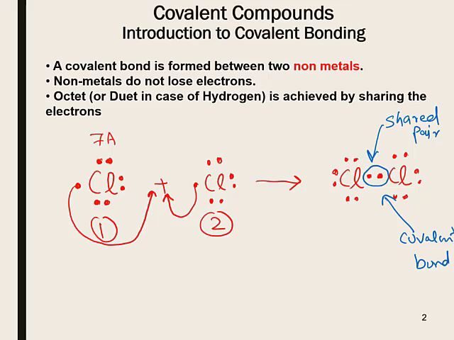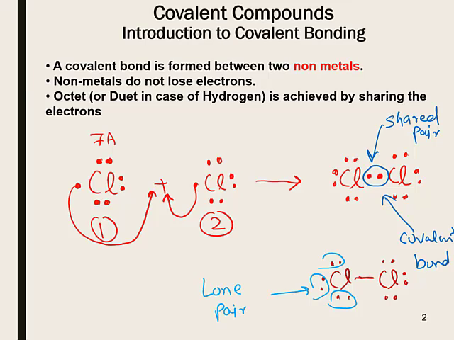We can represent a covalent bond with a line also, but it is understood that the line represents two shared electrons. The other electrons around the chlorine atoms, all of these electrons, are known as lone pairs of electrons.